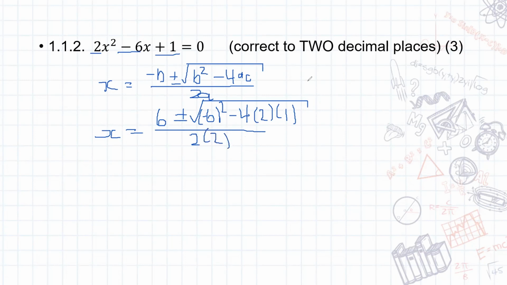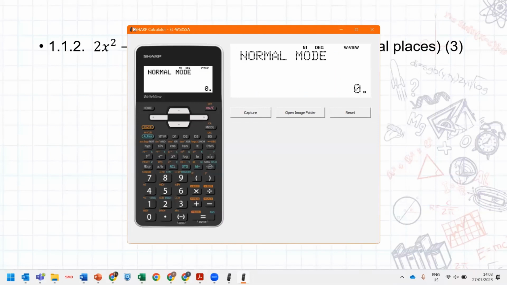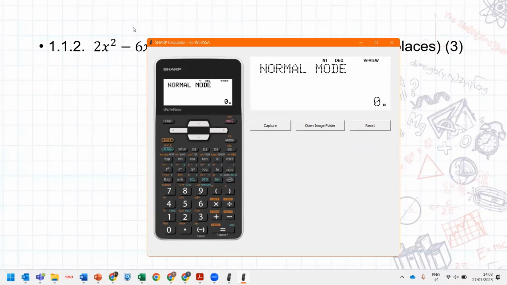Now here we can just plug this into your calculator. So I'm just going to grab my calculator quickly. I'm going to just share it next to, we've lost our writing. Great. So what we're going to do is we're just going to plug it in. So we'll have 6 plus square root, and then we'll have negative 6 squared. Now just remember to use your negative button and not your minus button when doing the sum.